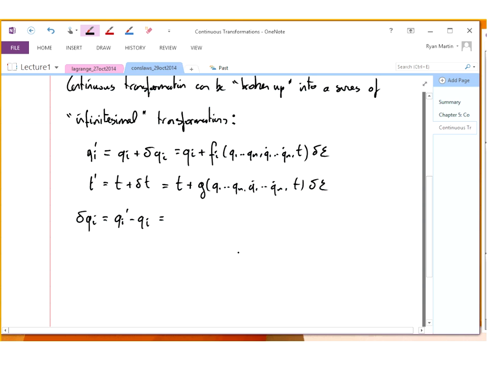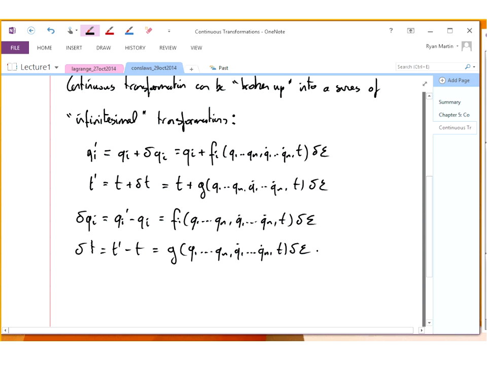Similarly, delta T, which is equal to T prime minus T, is equal to G of the variables times delta epsilon.